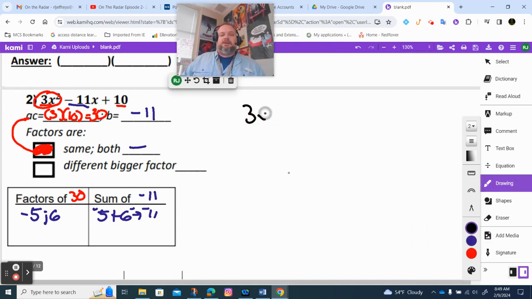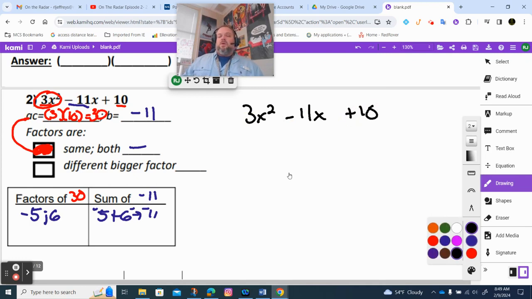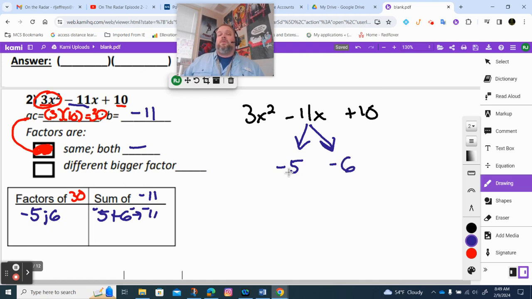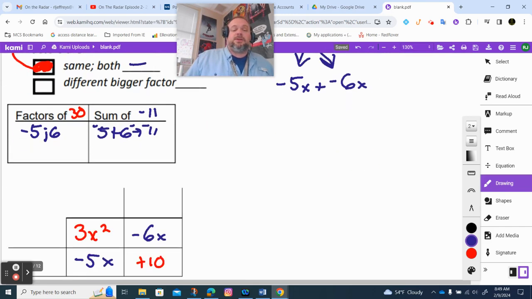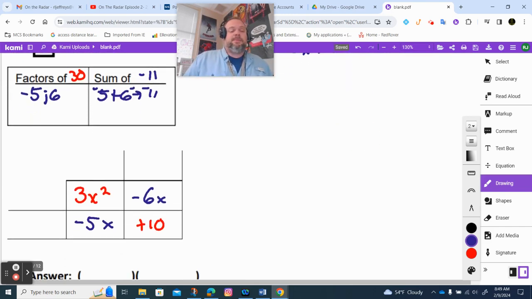We had 3x squared minus 11x plus 10. When we found these factors, we're actually replacing this term with minus 5 and minus 6. But what's right here? The x. So that's why we have to put the x in there. Okay, good questions.